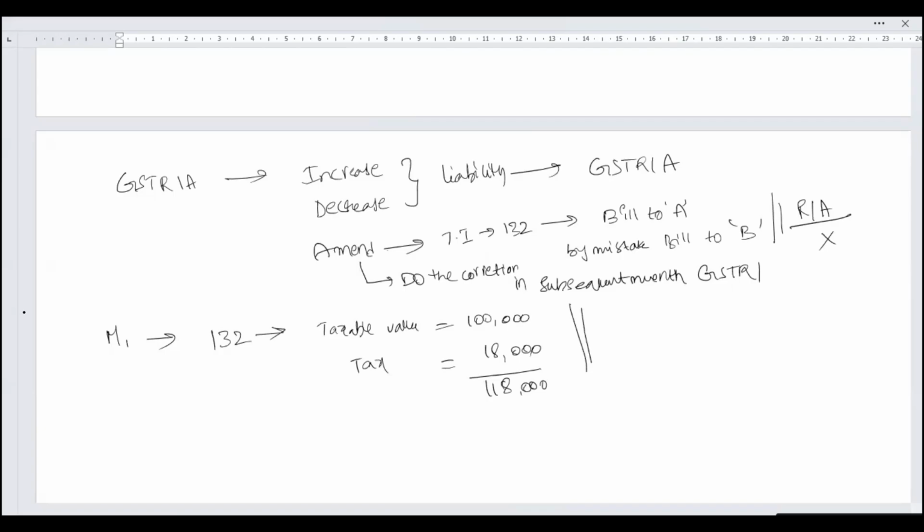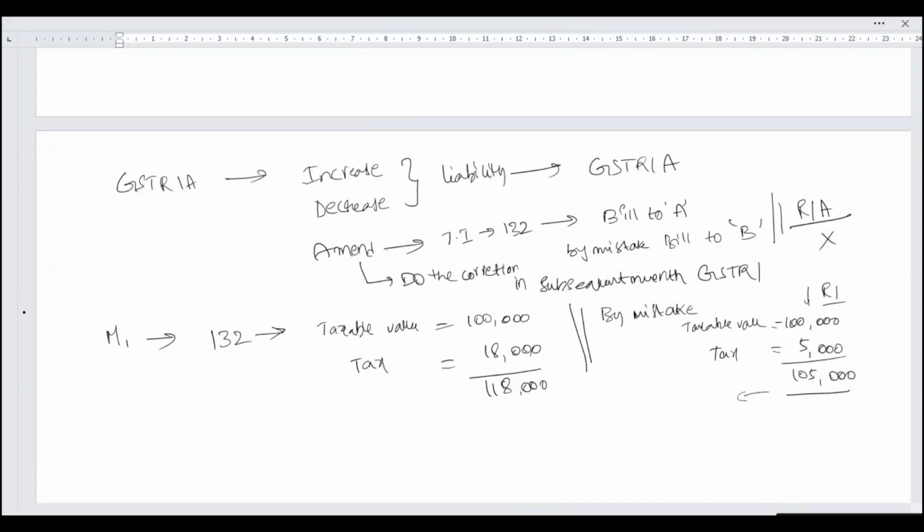By mistake, when I exported to Excel or did it in software, the taxable value was taken correctly, 1 lakh, but the tax, instead of 18%, was applied at 5%, which is 5,000. So 1,05,000 is what I calculated in my Excel, and this only I have uploaded in my return GSTR 1.